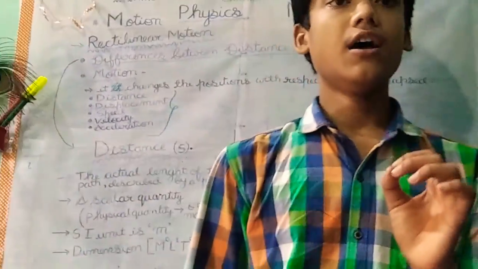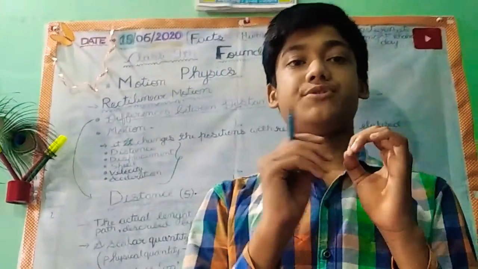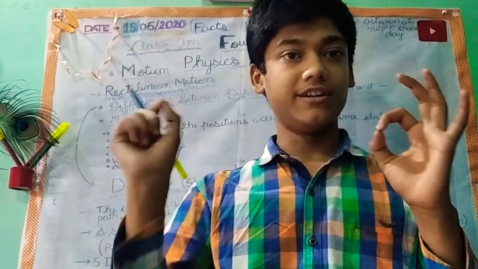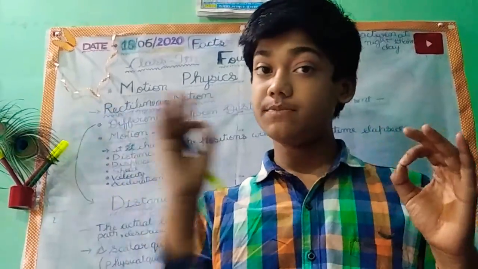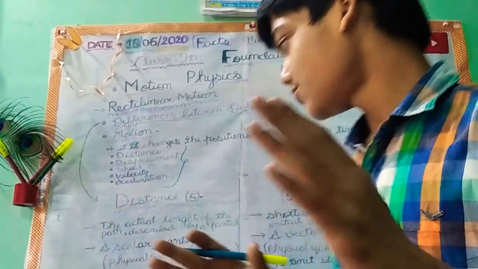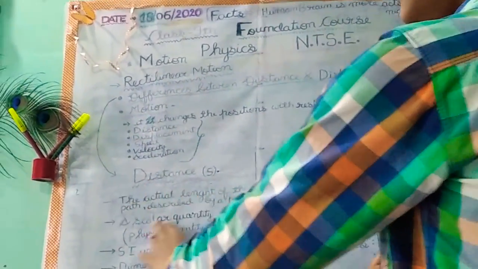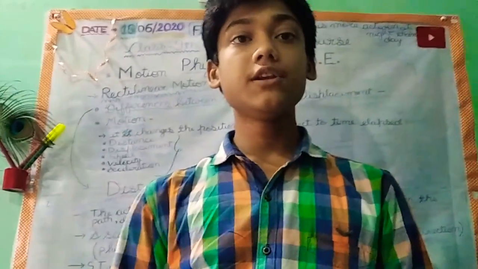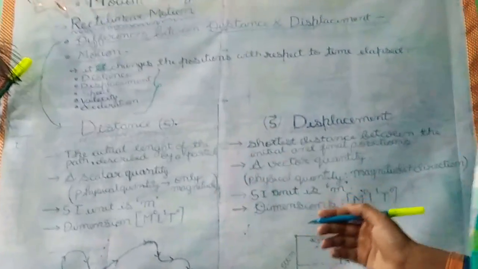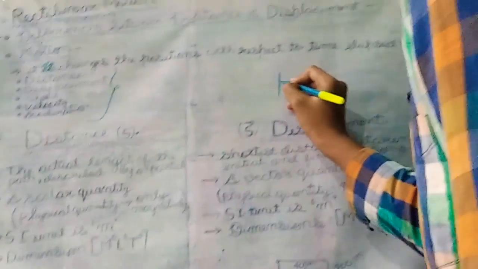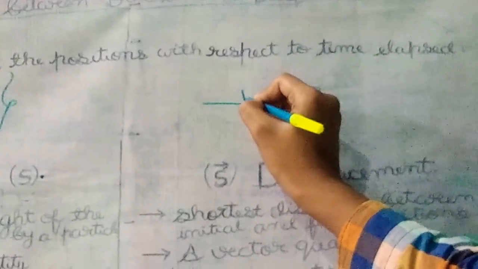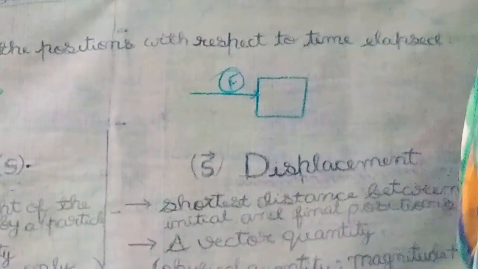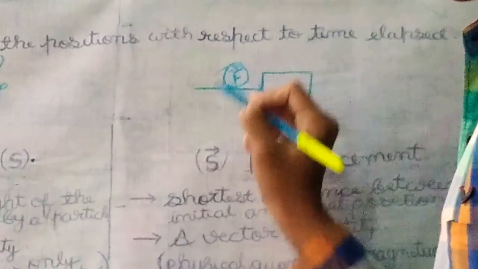For example, when an object or particle moves in a straight line from here to there, there is a particular distance and its displacement is the same. So distance is a scalar quantity, meaning it has only magnitude. What is magnitude? For example, there is a block. We apply a force on the block, and force is a vector quantity.